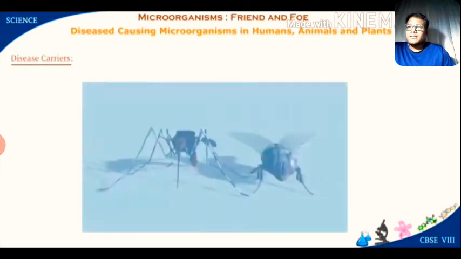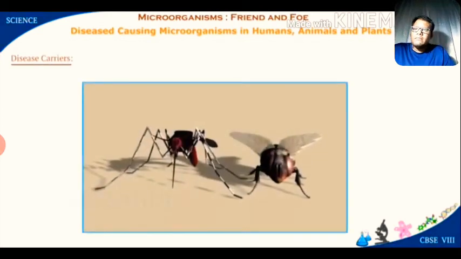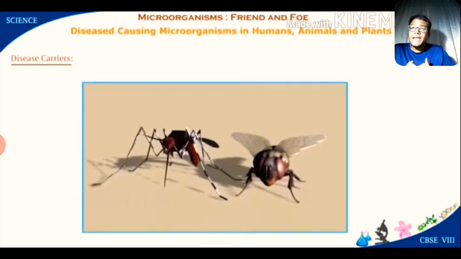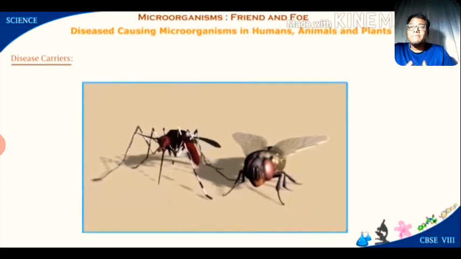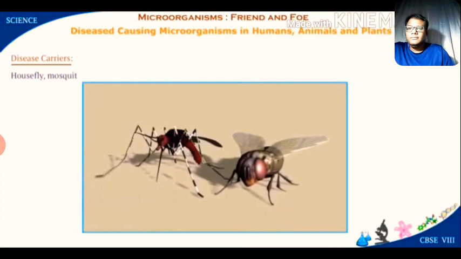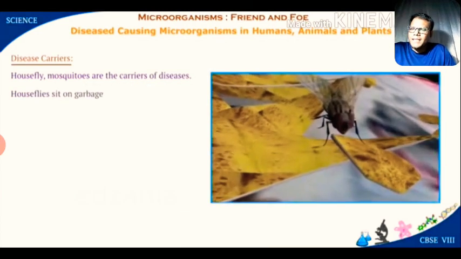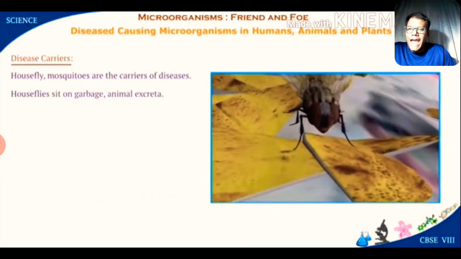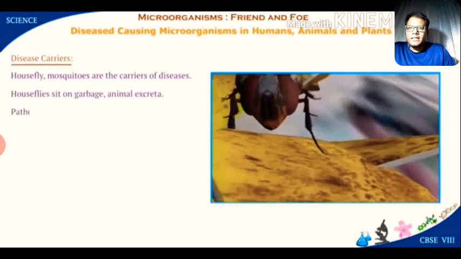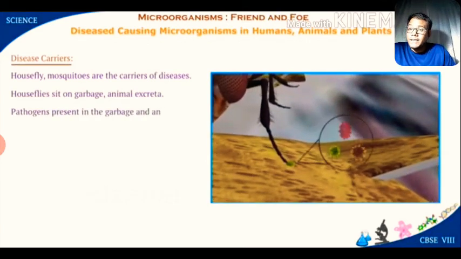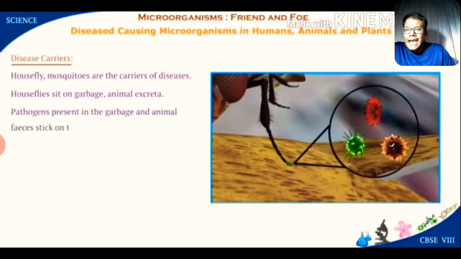Disease carriers. There are some animals and insects which carry disease-causing microorganisms. Houseflies and mosquitoes are carriers of disease. Houseflies sit on garbage and animal excreta. Pathogens present in the garbage and animal feces stick to their legs.